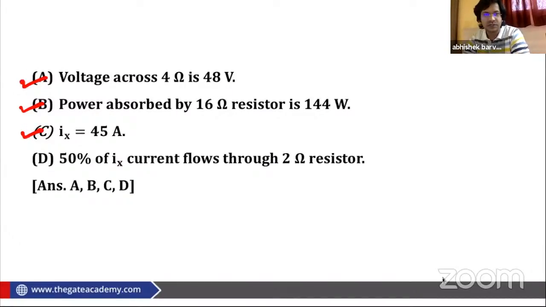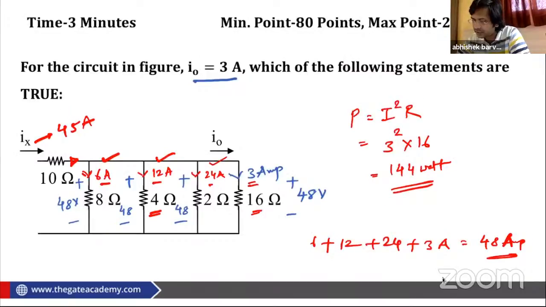And the last option says 50% of Ix current flows through the 2 ohms resistor. So if Ix is 45 ampere, let us see, half of 45 ampere current is flowing through the 2 ohms resistor. Is that really valid? It seems to be quite invalid, guys, because 50% of the current is not flowing through 2 ohms.